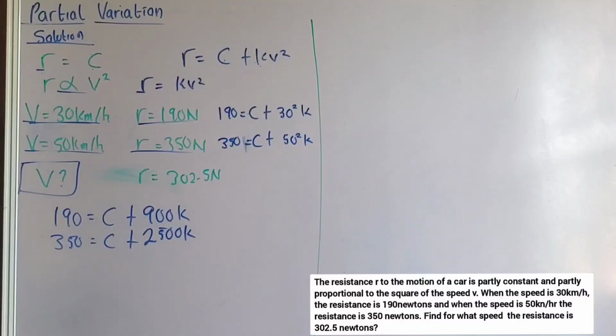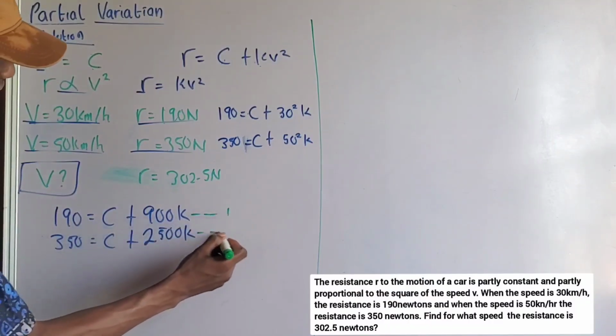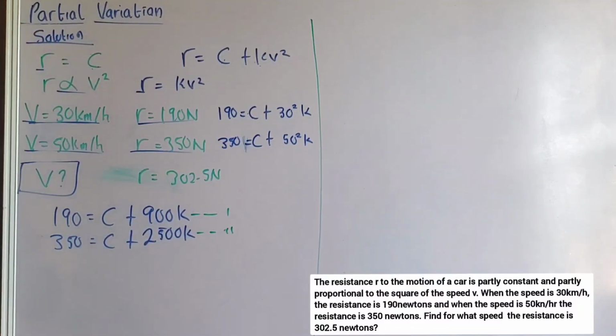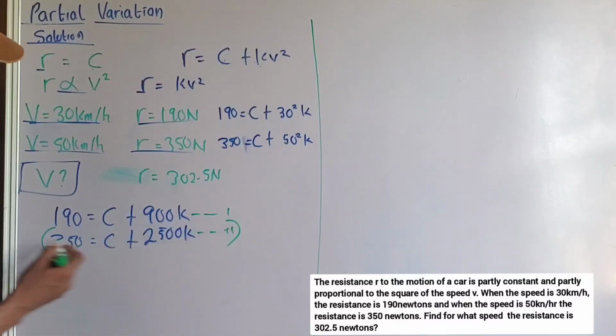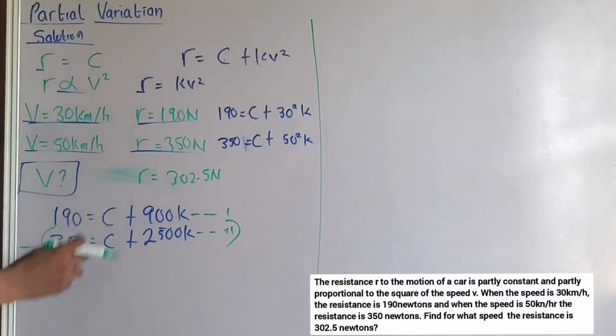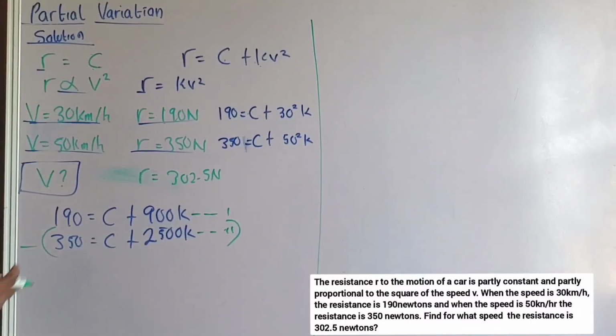Now, you can call the first equation equation 1, and the second equation equation 2. Now, subtract the second equation from the first equation to eliminate the value of C and get the value of K. This one is a simultaneous equation now, and to solve a simultaneous equation, you can use elimination method or substitution method, even graphical method.